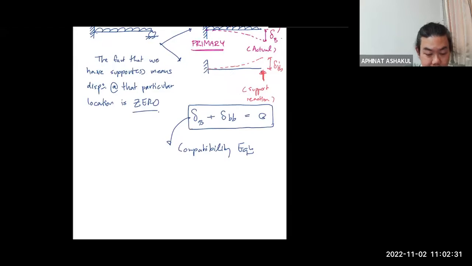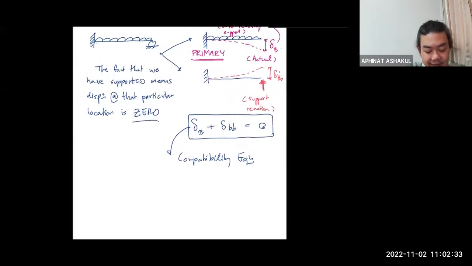You don't need to know that. So get this idea first, the idea of compatibility: the displacements caused by these two conditions must be equal and opposite. Or to put it plainly, when you add them up, they must come down to 0.